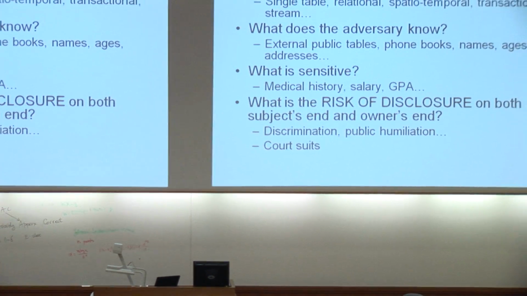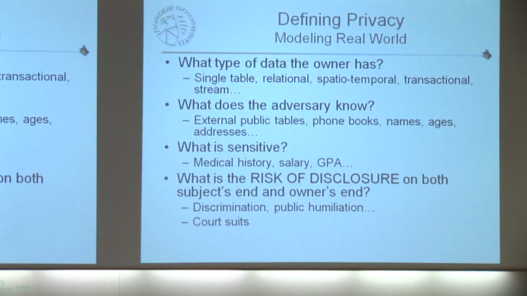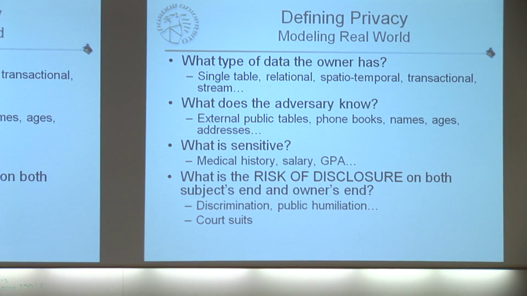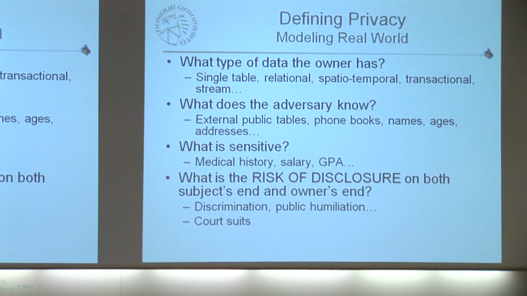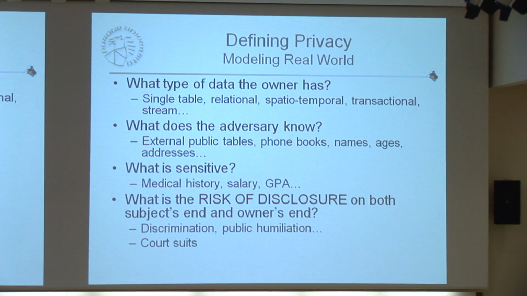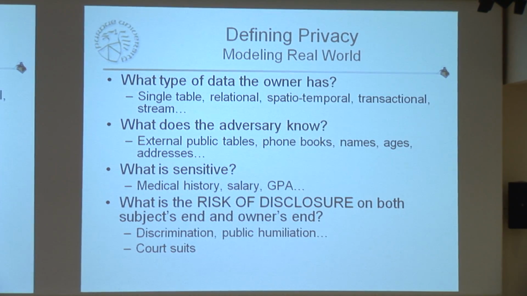Well, then there's relational data, like the social network example I gave. Transactional data is hard to think of as a single row. How many items have I purchased? What items have I purchased? So all these kinds of different views of data affect how we have to talk about what is private.